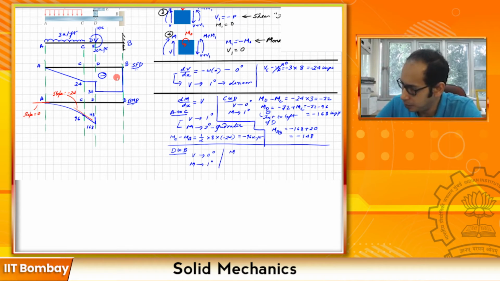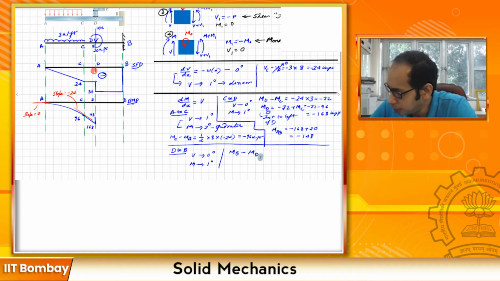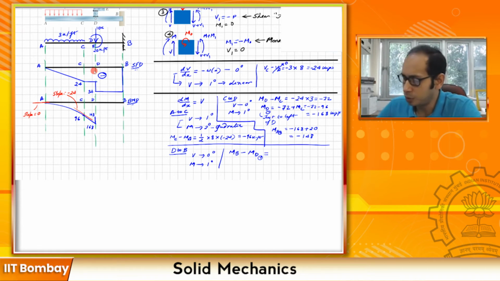Let's try to find that out. So we have MB minus MD. Since I am going from here to here, the last encountered moment is that MD plus, which is just to the right of this section. So this is 148. So let me go ahead and mark that MD plus, equal to the area of the shear force diagram between these points.